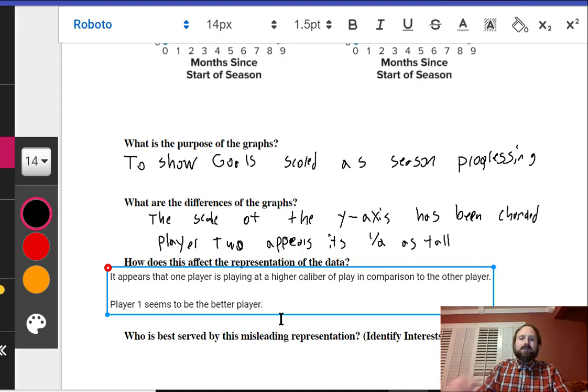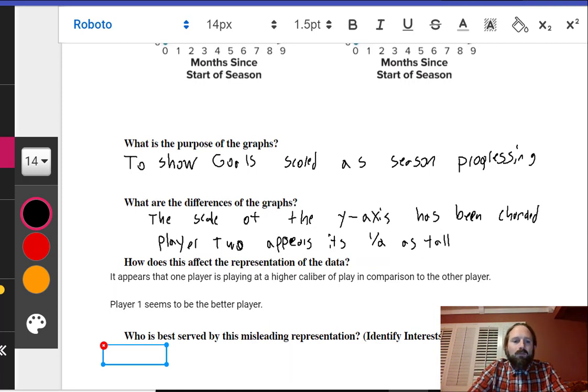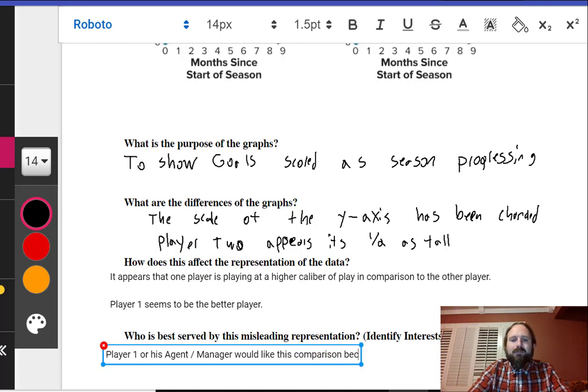So who is best served by this misleading representation? Well, I can think of a few people who would want this. Player 1 wants, or his manager, or his agent. So he would like this comparison because it makes his player look better.